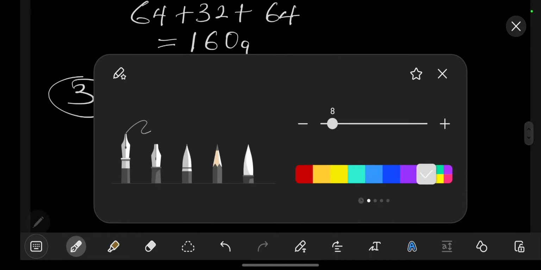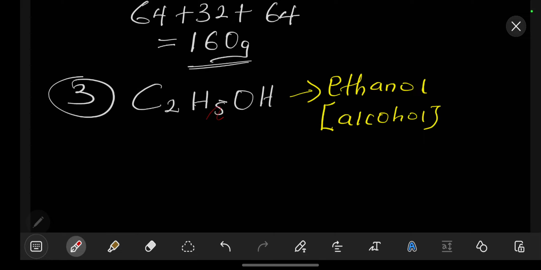If you look at this, it is a little bit more sophisticated than the others because we have numbers attached to two of them. For carbon, we have a 2 here, and this 2 will affect only carbon. Then for hydrogen, we have a 5 here, that will affect only hydrogen. For oxygen and the last hydrogen, there are no numbers. Now, let's begin with carbon.